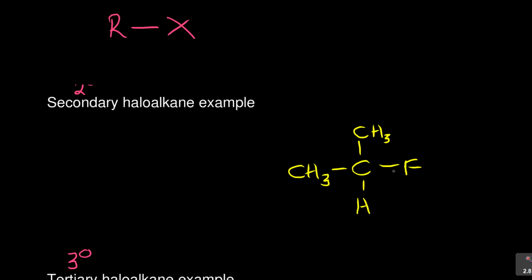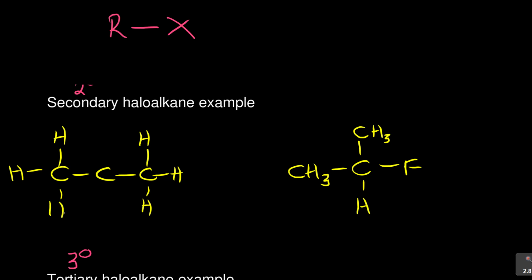If I can draw it the proper way, you'll be having this C, C, C. So here I will have this. So here again I have this. Now look at the important part. Now you have got hydrogen here, and that's where the X is.